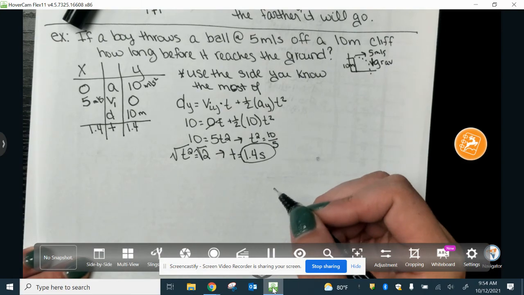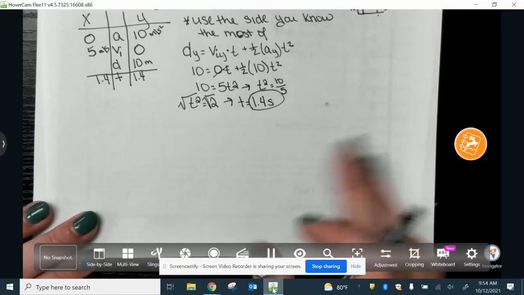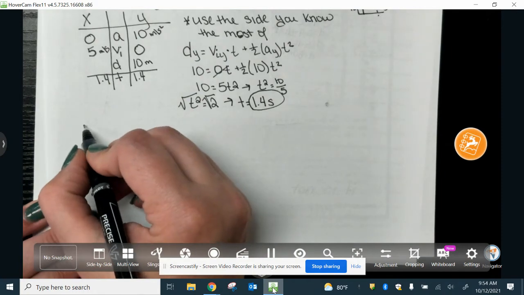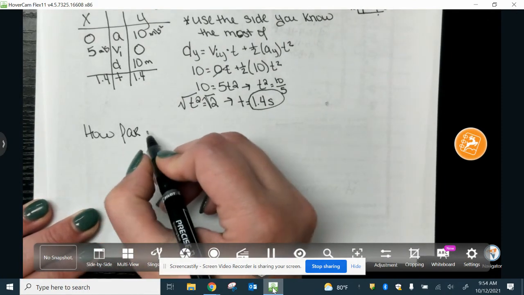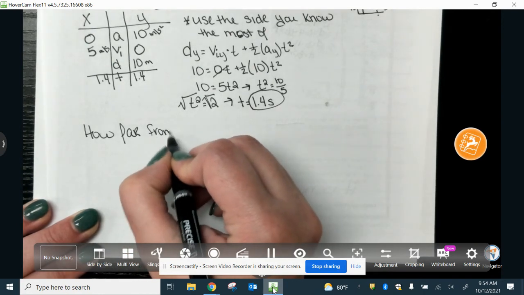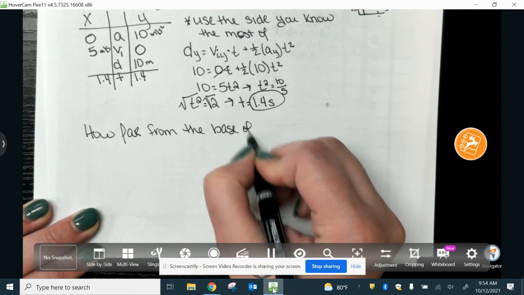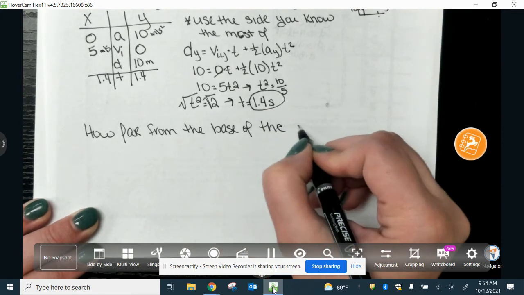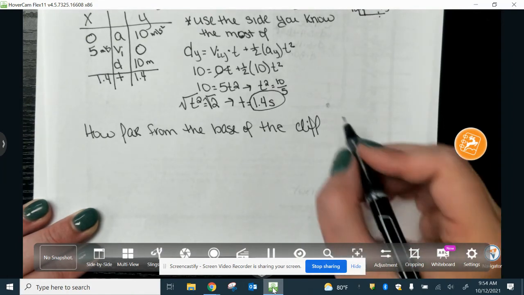That's what it was looking for. However, with projectiles, we like to ask more than one. So, how far from the base of the cliff does it land?